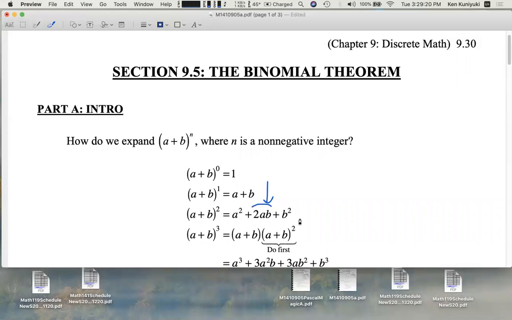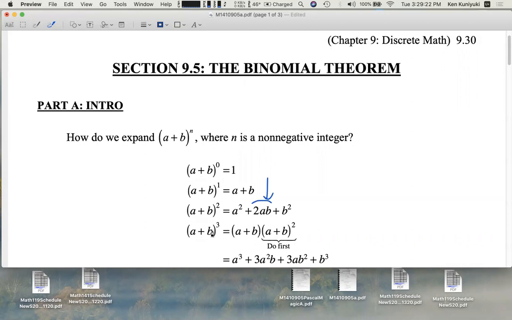Now back in your Algebra 1 class, to find the cube of a plus b, you could take the square of a plus b, which was this thing over here, and multiply by a plus b, and distribute like crazy.